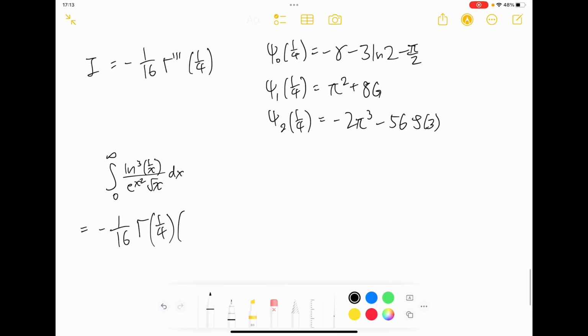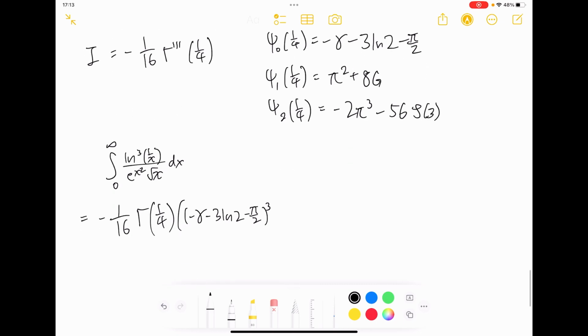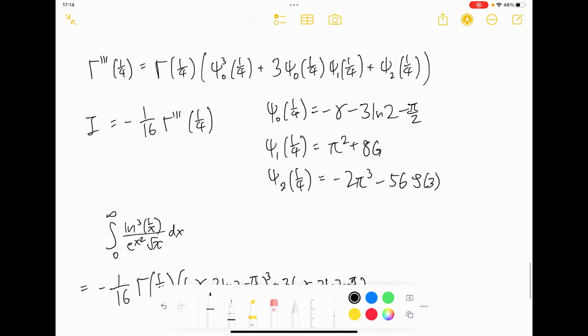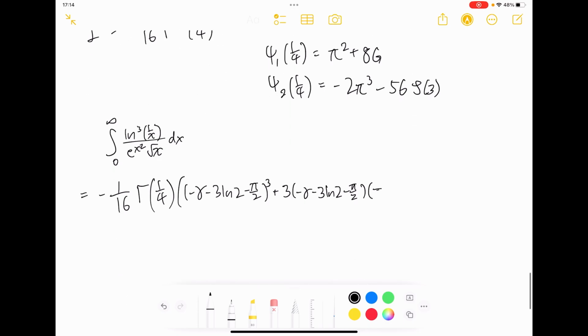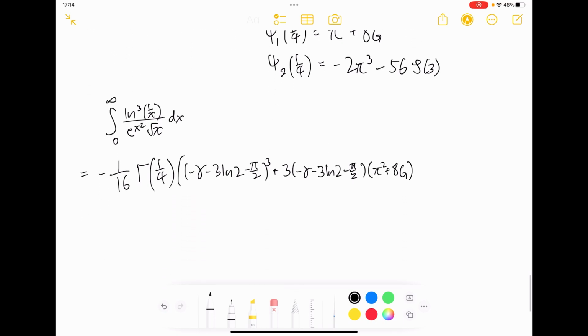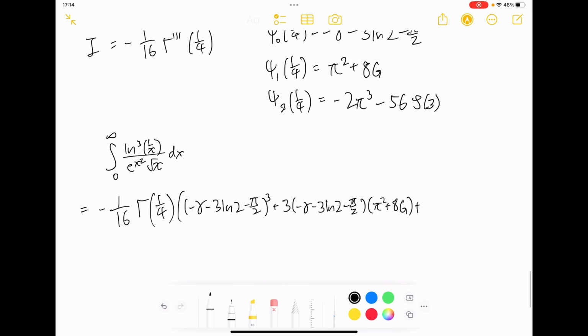So psi naught is negative gamma minus 3 natural log 2 minus pi over 2, cubed, plus 3 psi naught, negative gamma minus 3 natural log 2 minus pi over 2, times psi 1, pi squared plus 8G, and plus psi 2 of a quarter. So plus negative 2 pi cubed minus 56 zeta 3.